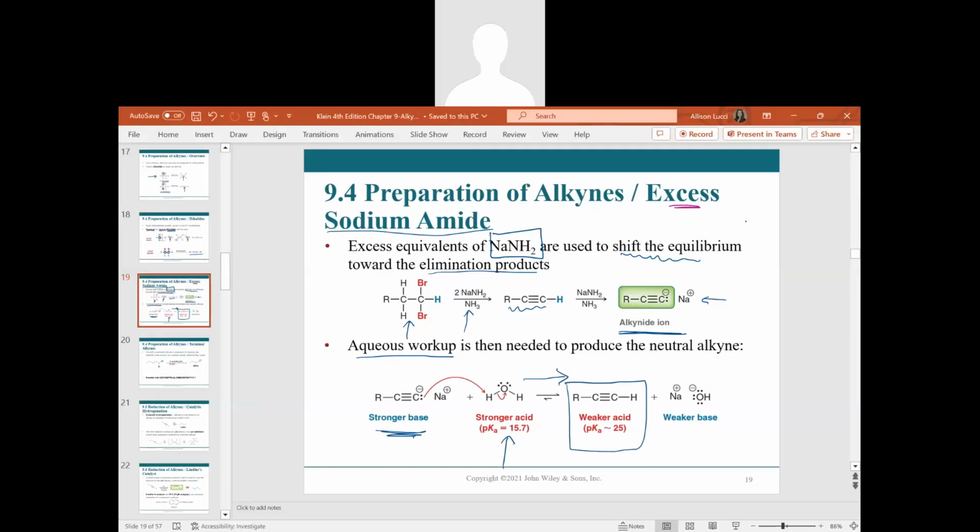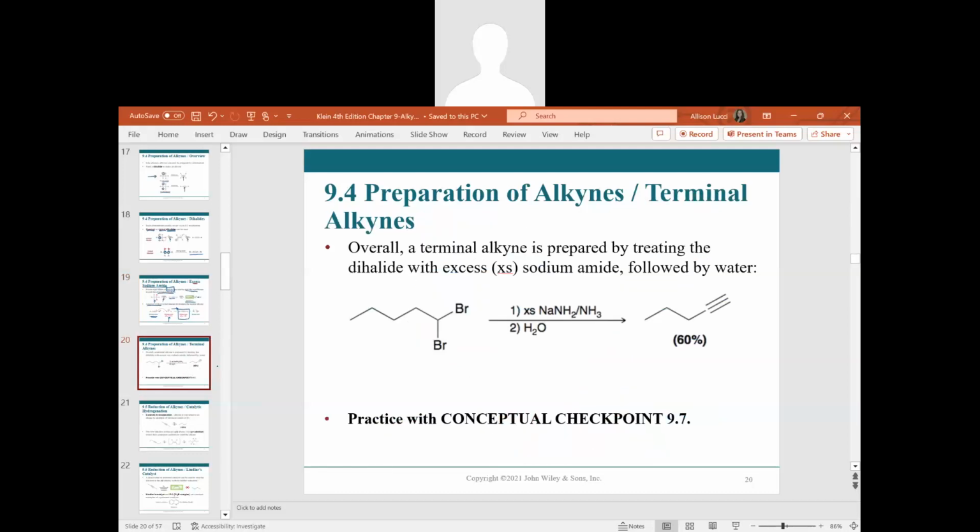So the pKa of this acid is around 25, which is higher, so it's weaker than water. So water is an appropriate acid to use here. So again, we have a terminal alkyne as our product here, and we can see the yield listed as about 60%.